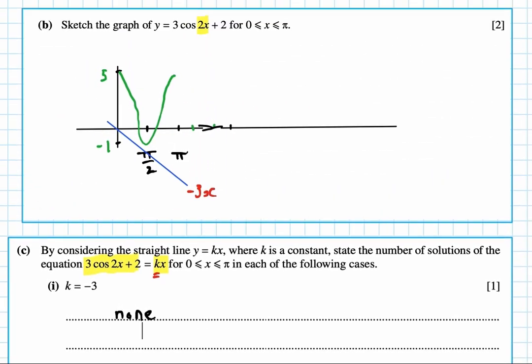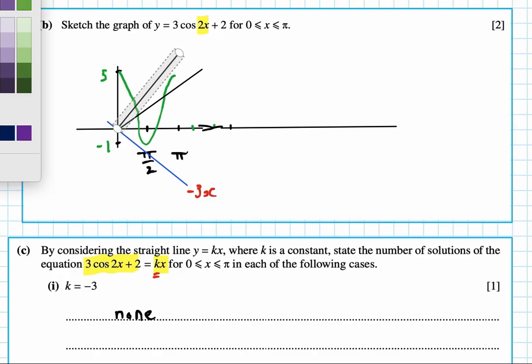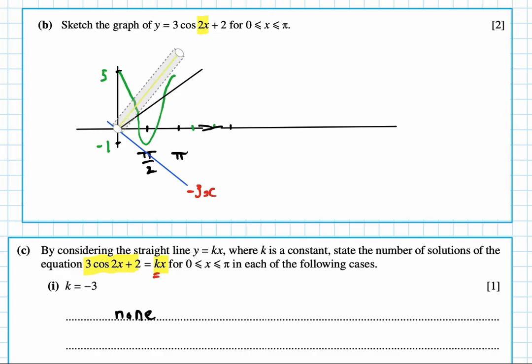And then we have two more of these. We have k is equal to 1 and k is equal to 3. So they'll be going up to the right hand side there. There's approximately 1, and there's approximately 3x.